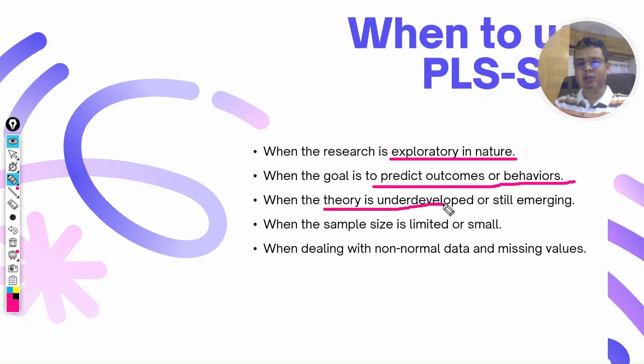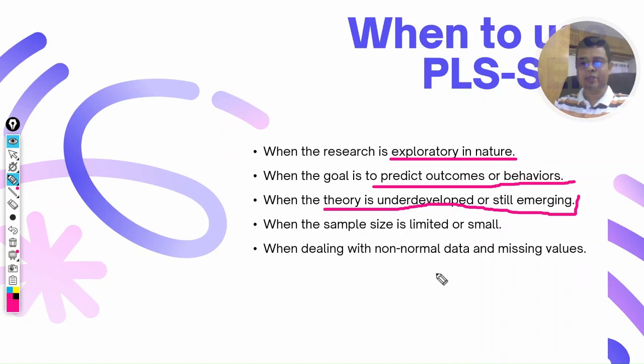On the other hand, theory development, right? Still an emerging process actually. But for theory development, it is wise to use CB SEM, covariance based SEM, rather than the variance based SEM, right? For validating the theory, researchers or scholars suggest using CB SEM.